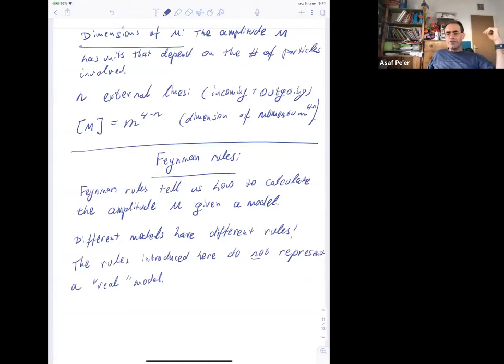We may introduce the rules for the real model later on. It's just a little bit more complicated when you introduce spins.